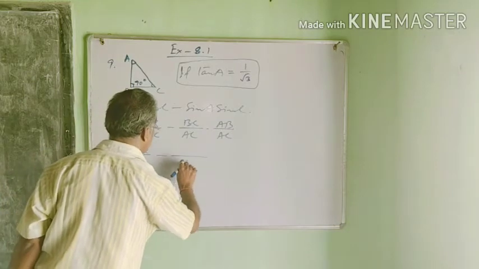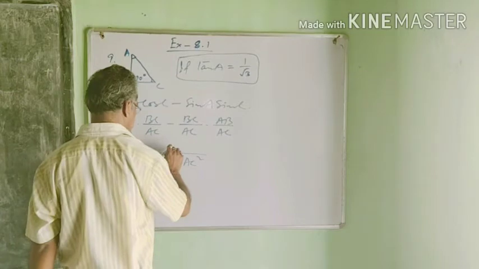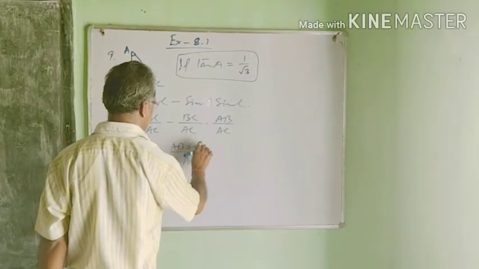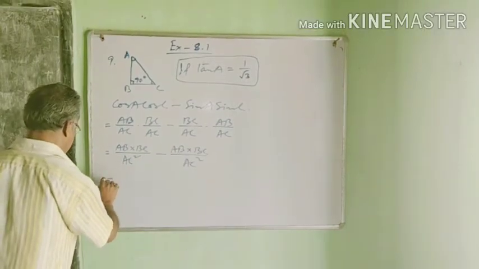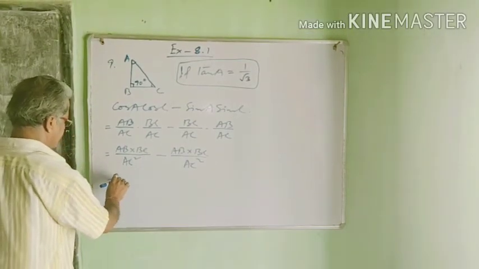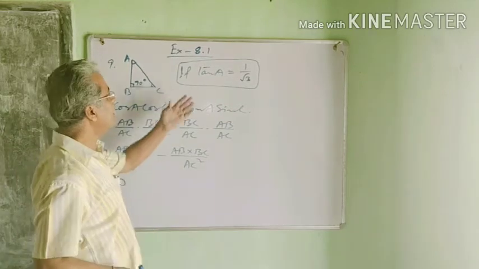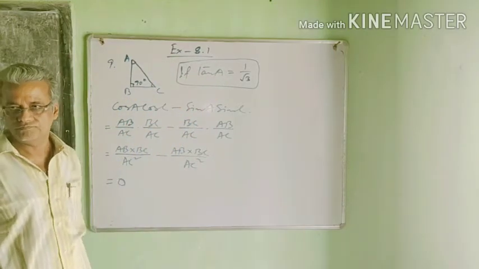Minus, here also the denominator is AC square, BC into AB is AB into BC. Both are equal, so if subtracted, the result is 0. So we have not applied this given relation at all.